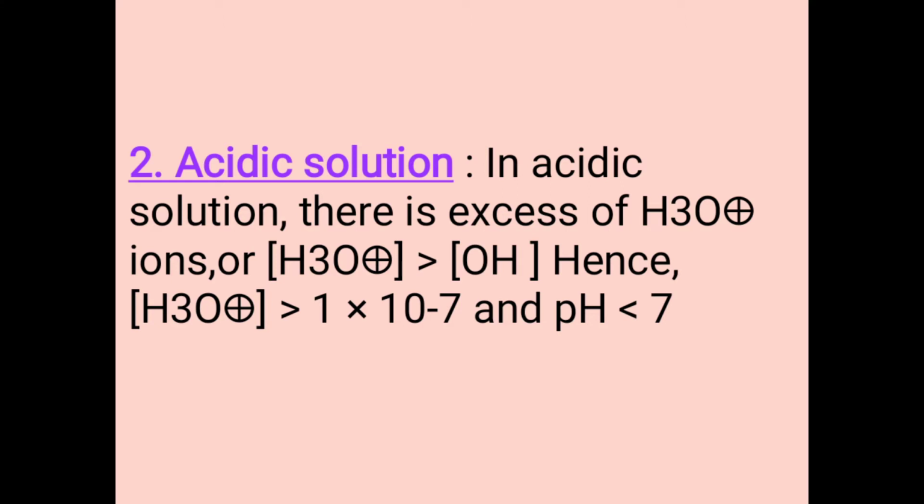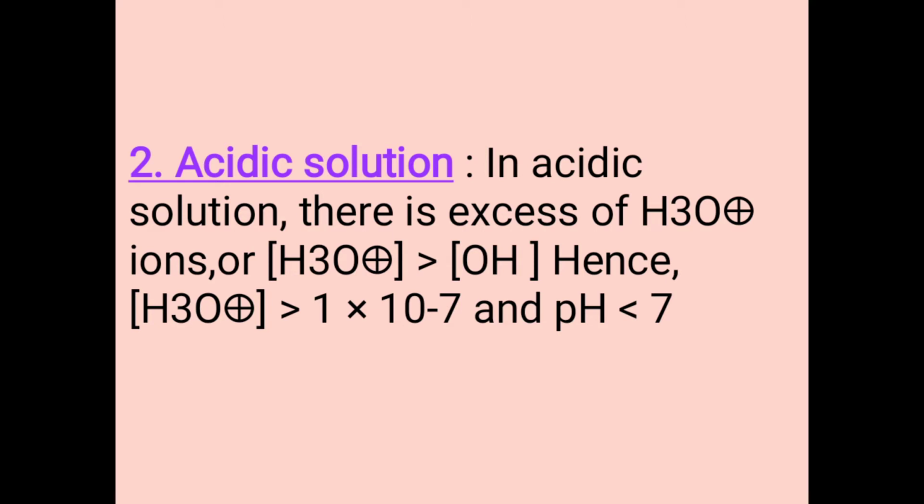According to the different theories we learned about acids, an acid contains H+ ion or dissociates to form H+ ion. So it contains more H+ ion concentration. So in a solution having more concentration of H+ ion as compared to the OH- ion, what about the pH value?